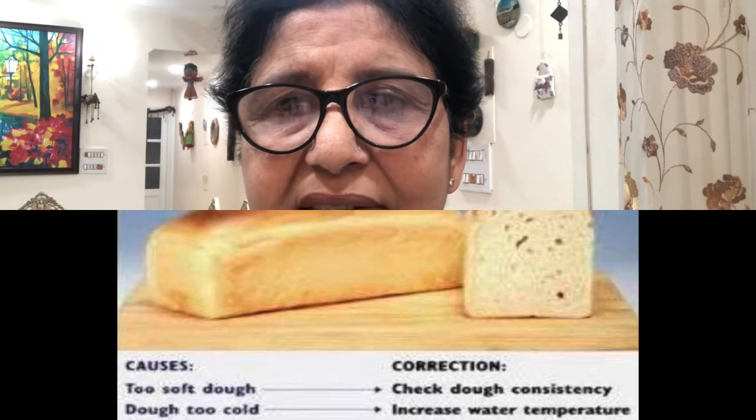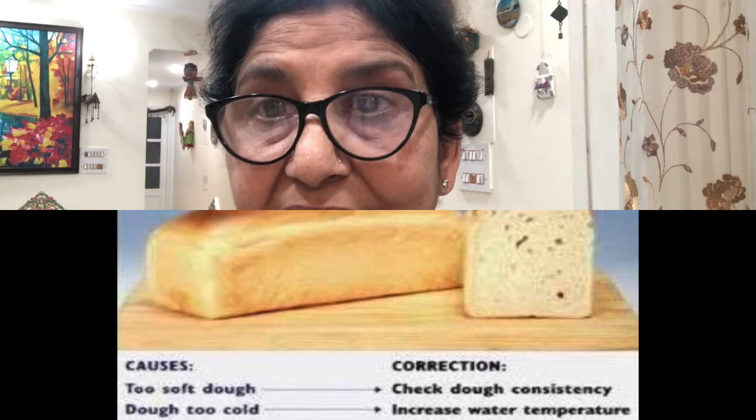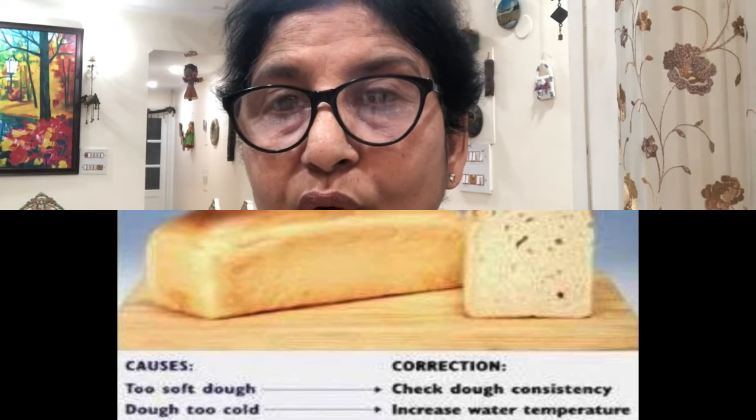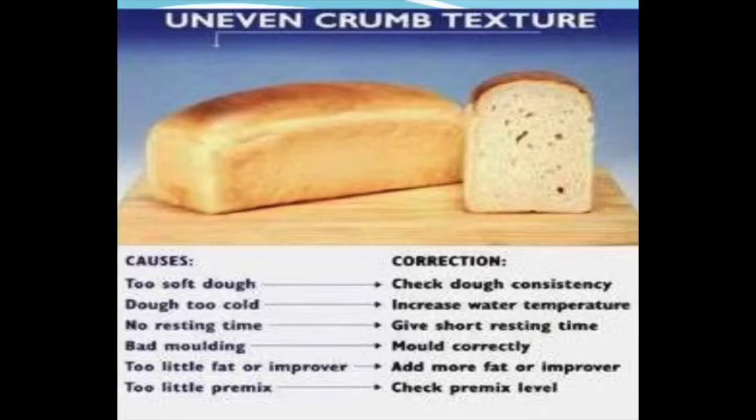Then holes and tunnels in the bread. Sometimes when you slice, you will find, instead of small uniform cells, proper texture and grain of the crumb, long tunnels and big holes in the crumb. Why is it so? There can be so many reasons.